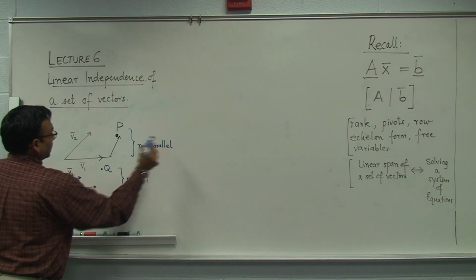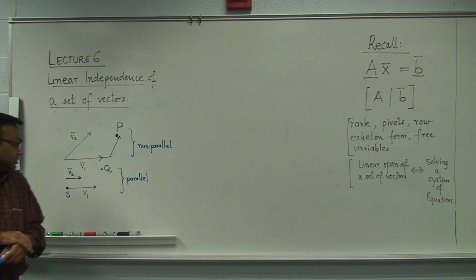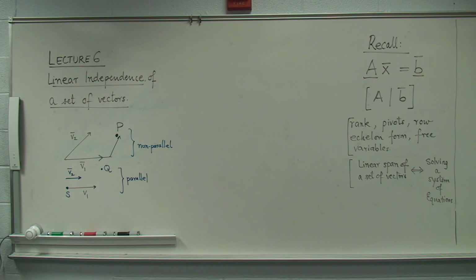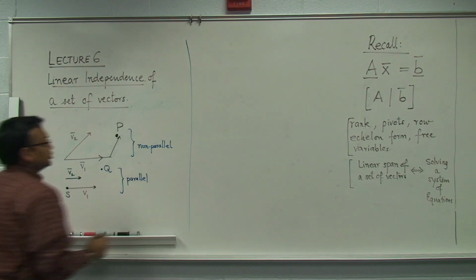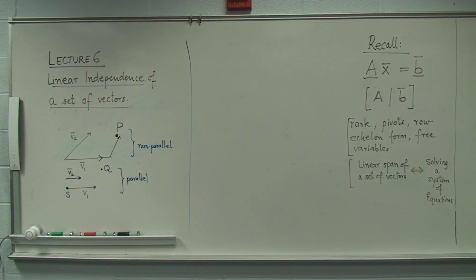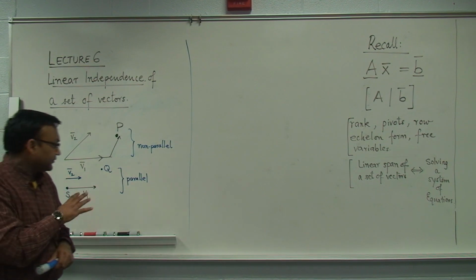So understanding parallelism is fine from a geometrical point of view, but what if we want to generalize this to higher dimensions and try to make sense of the idea of a parallel system using algebra? So that is our focus. What do we need to show to understand the concept of parallel in algebraic systems? So here is the first attempt.